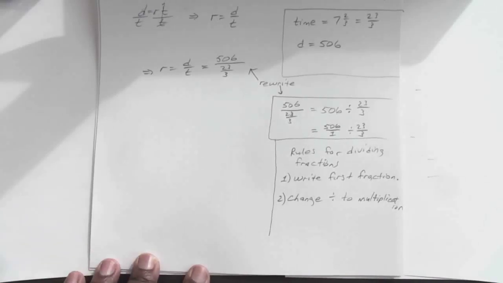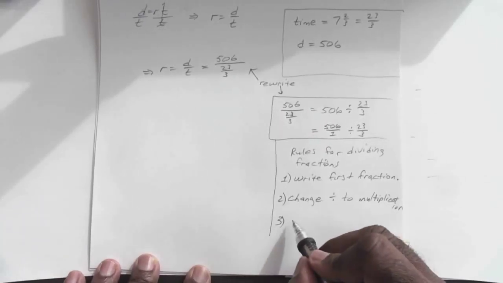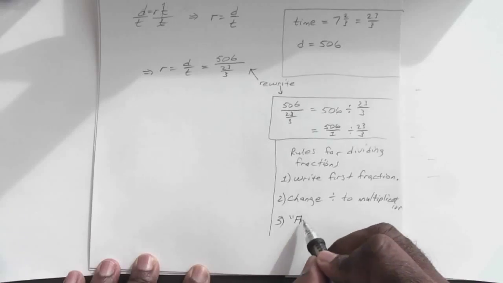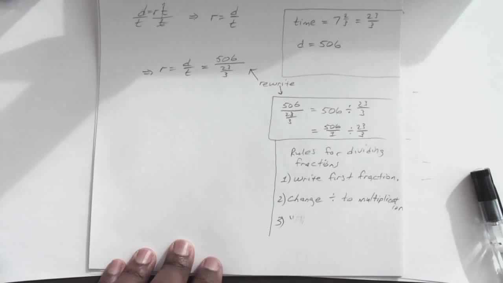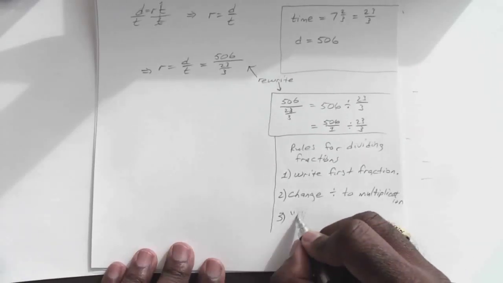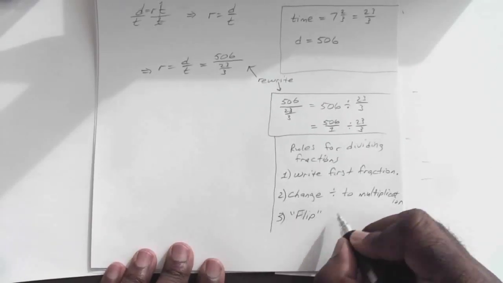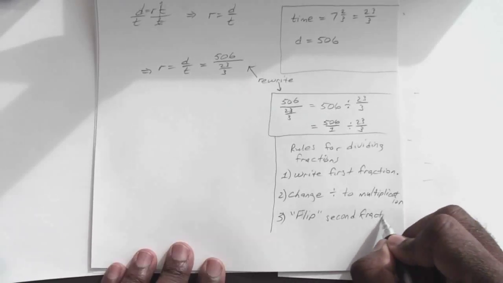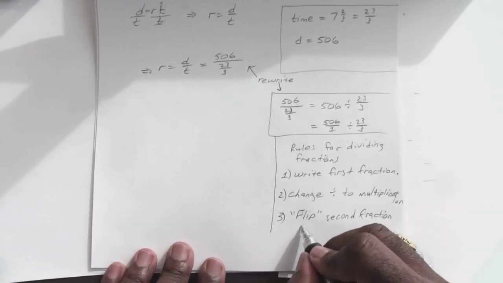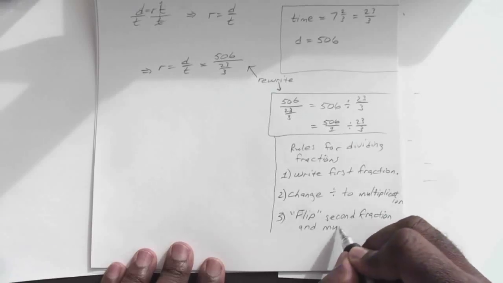Ran out of room there. Okay. Then your third step, you're going to flip the second fraction. Uh-oh, clean that up. Flip the second fraction and multiply.